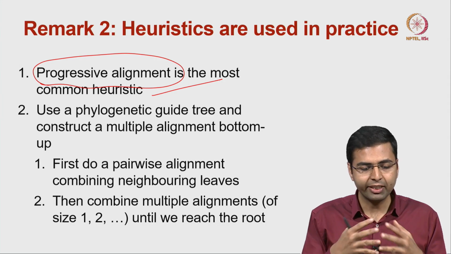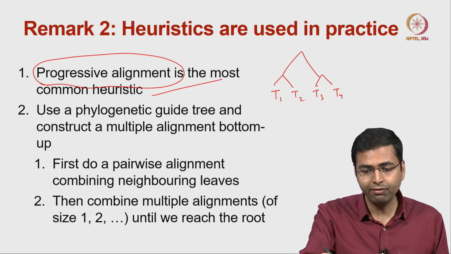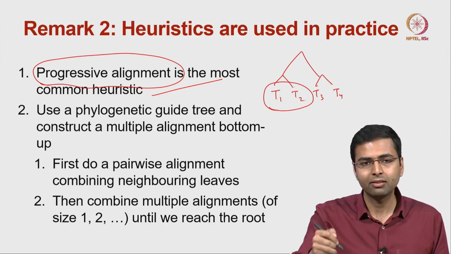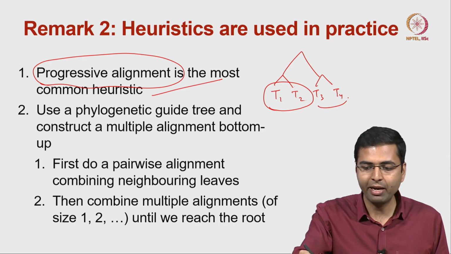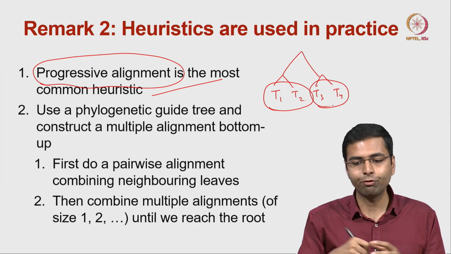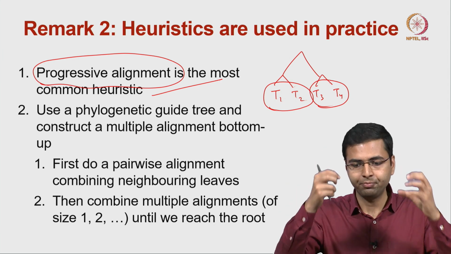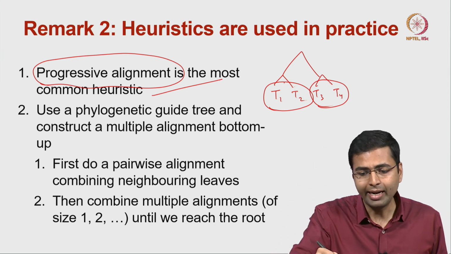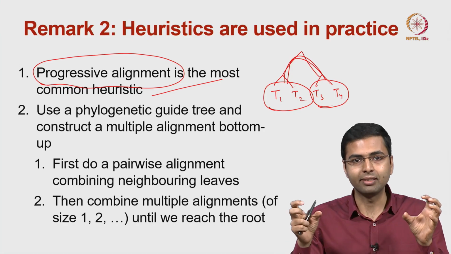Suppose we have a tree with leaves T1, T2, T3, T4. We will progressively combine the neighbors. We will do a pairwise sequence alignment of the neighbors T1 and T2, similarly a pairwise sequence alignment of the neighbors T3 and T4, and then I will go in a bottom up fashion and do an alignment of the multiple sequence alignments of these two pairs.